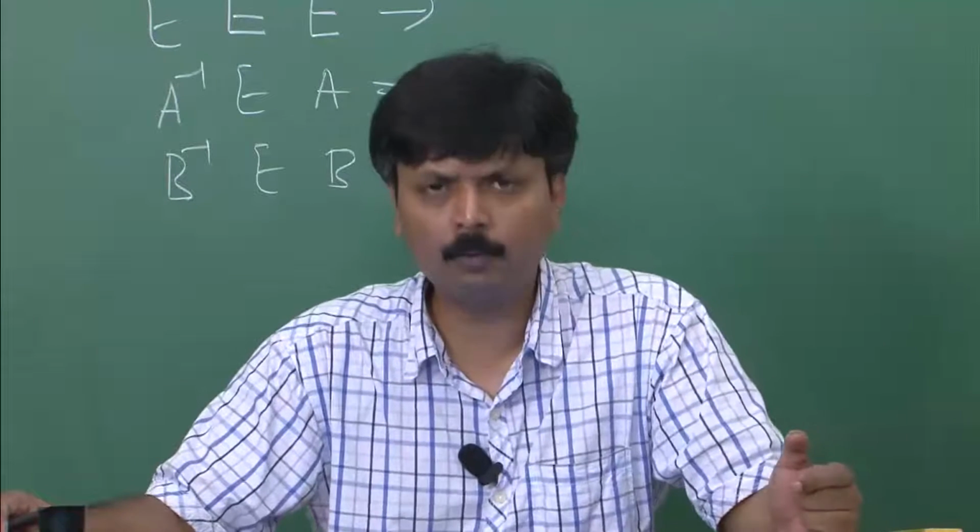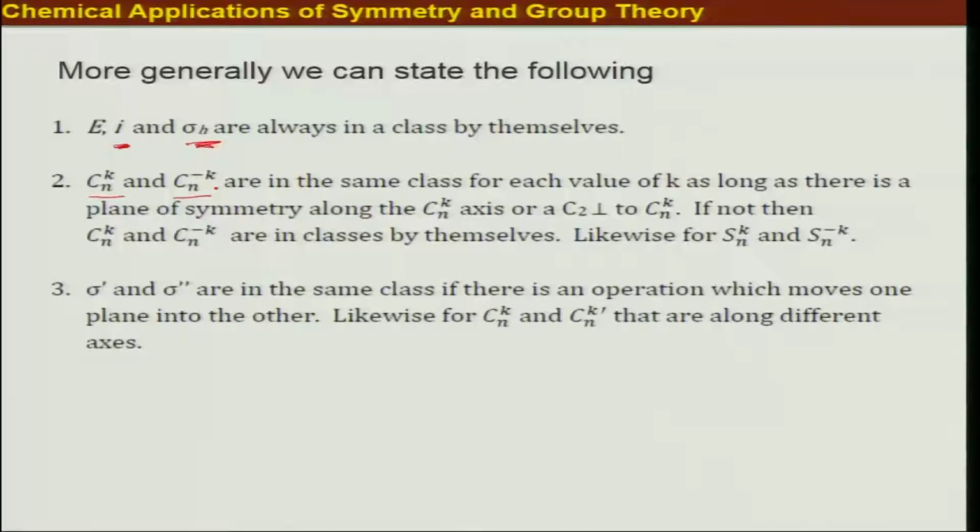So this is acquired knowledge, and you can verify it yourself, and then you can get rid of doing all the tedious similarity transformations in order to find a class.